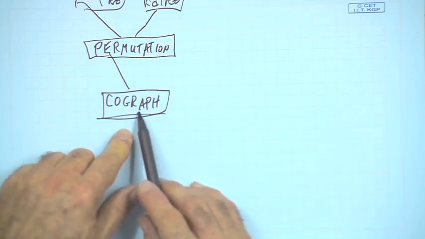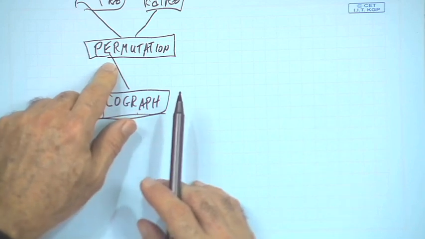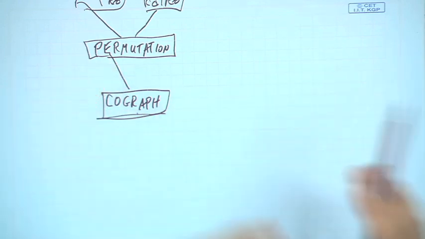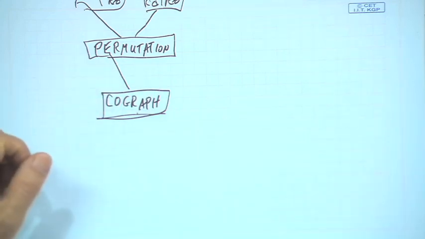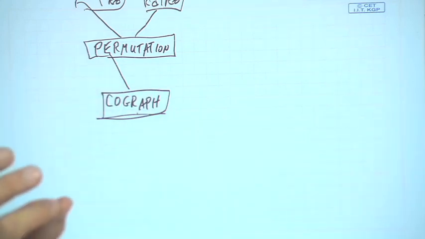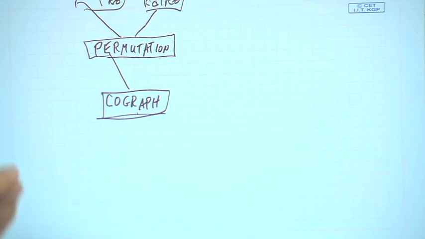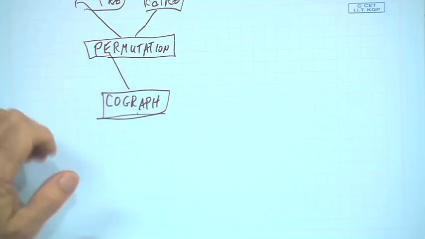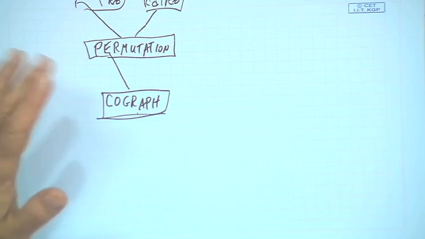How do we know that CoGraphs are permutation graphs? Well, I didn't talk at all about transitive orientations. But let's just see the immediate observation of why CoGraphs are permutation graphs. And I'll show that very simply.